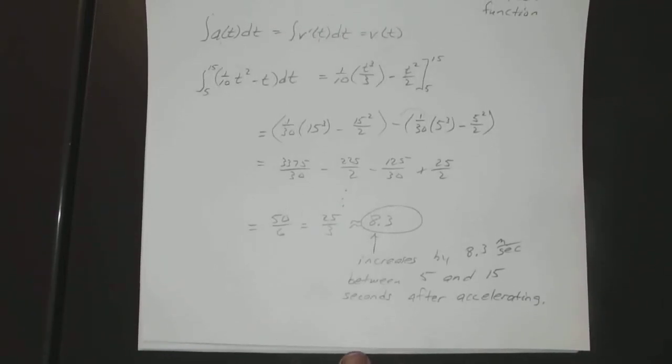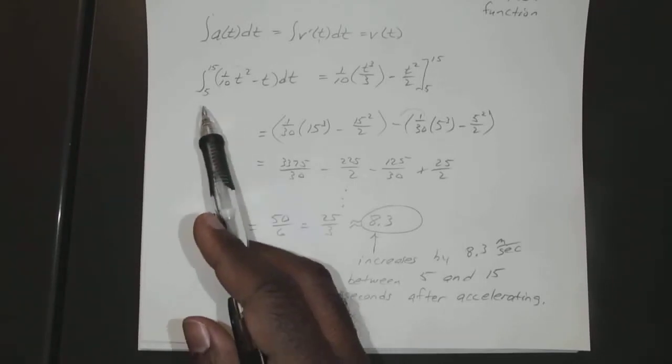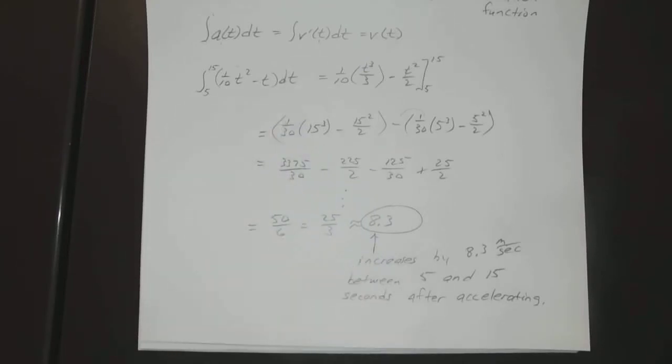Yes. You don't need to do the long process of the integral from 0 to 15 minus the integral from 0 to 5. Oh, you mean you distributed the integral to both of those?